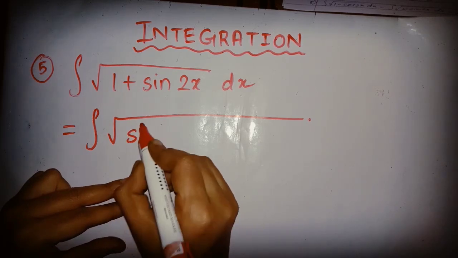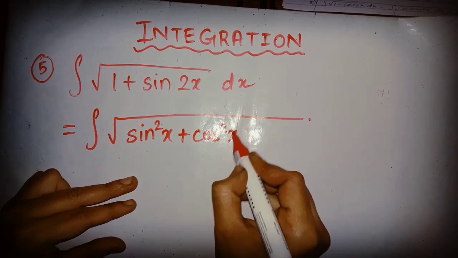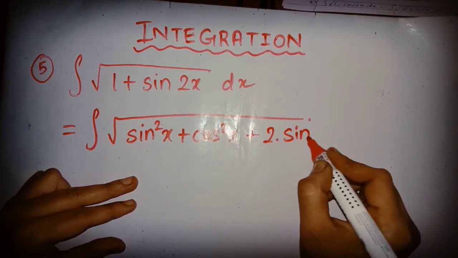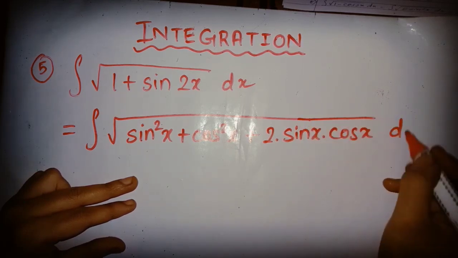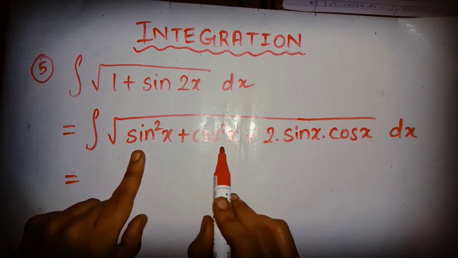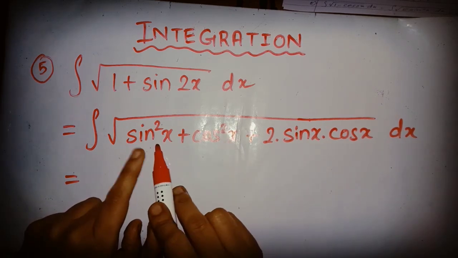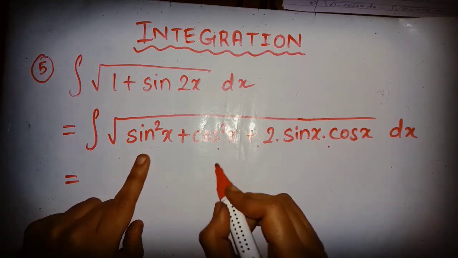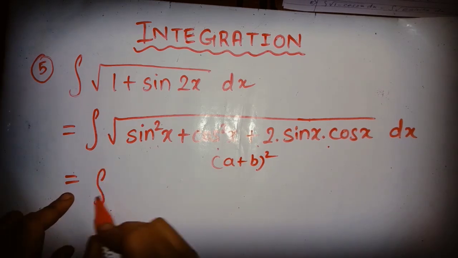And 1 you can write as sin square x plus cos square x. So if you notice, this is an algebraic identity, a square plus b square plus 2ab, so this is a plus b the whole square, right?